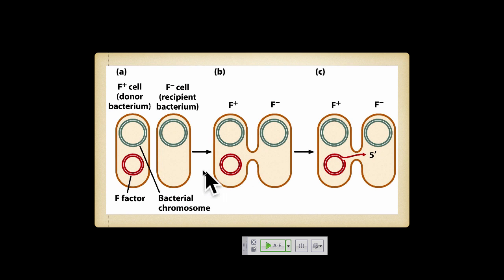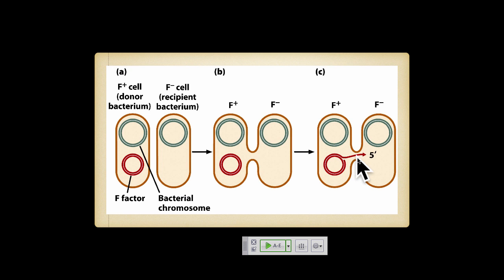So here's the cartoon of it. This is the main chromosome. Here's the F factor. These are not drawn to scale. Here's the pilus. Here's the key point: just one strand is being transferred. And it always starts at this position right here, this DNA sequence designated as ORI-T, because this is where the nick occurs on one strand.